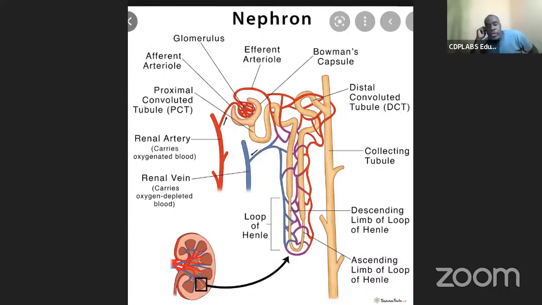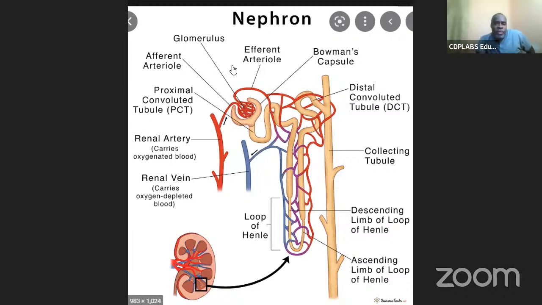Now, you also know that you mentioned tiny blood vessels. And as you can see, the picture tells you. What are the tiny blood vessels called? Did I learn of that in the circulatory system?